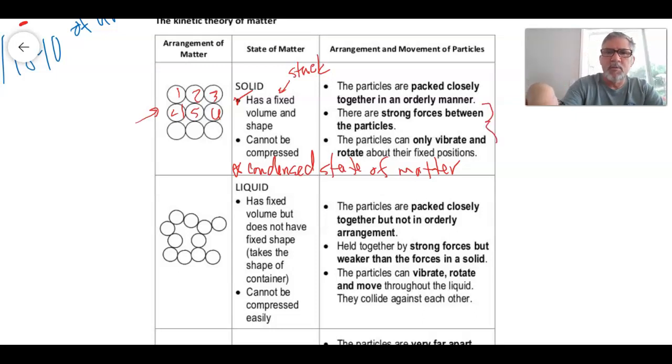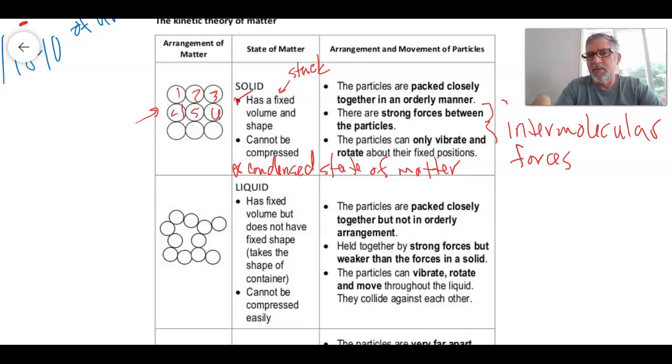So these we're going to call intermolecular forces, right? Even though they may not be molecules, but we'll just call them that. So there's strong forces between the particles, and the particles can only vibrate about there.